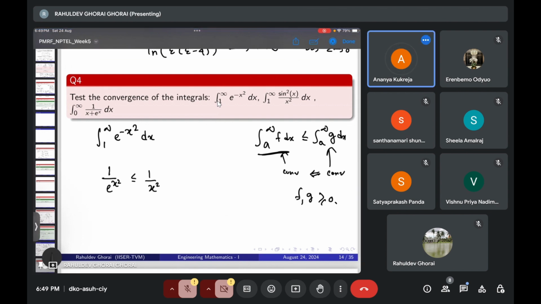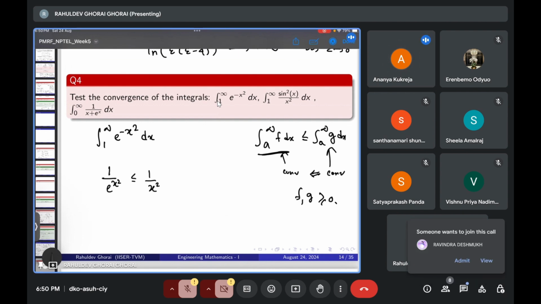Then, for 1 divided by x square, we know there is a property that when we have 1 divided by x to the power p, and p is greater than 1, then it converges.